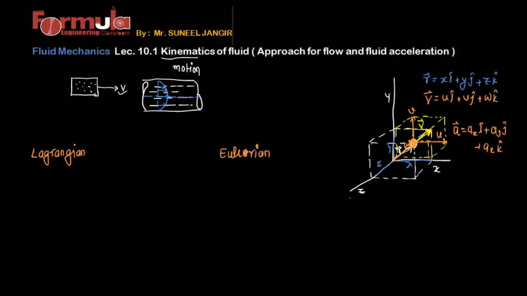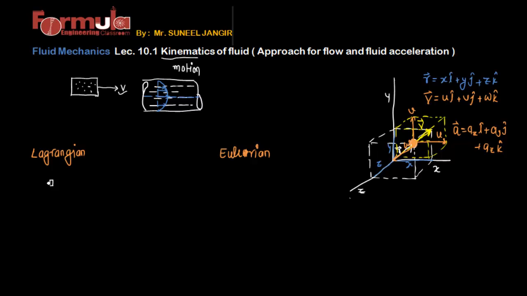First, in case of Lagrangian concept, we can say that the Lagrangian concept is a particle based concept or particle based approach. What is the sense of this term? Let's suppose there is some fluid particle here, we are considering some fluid particle.